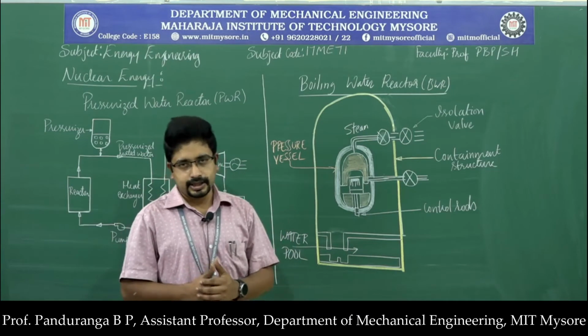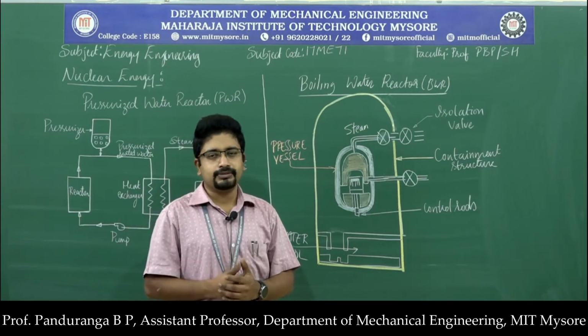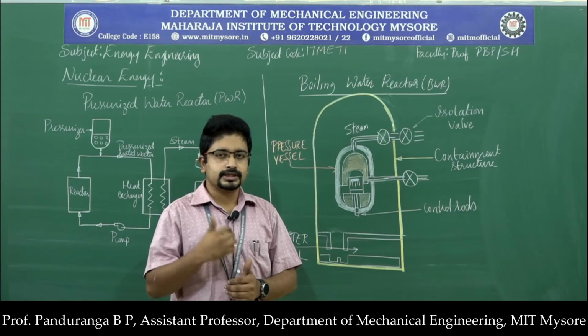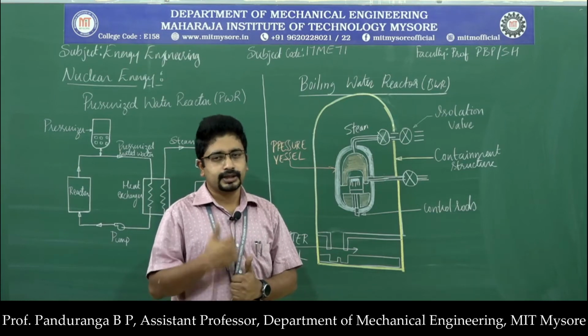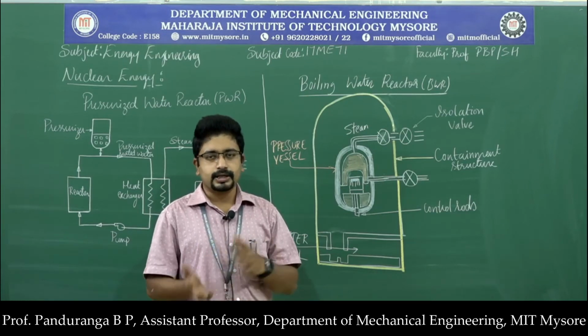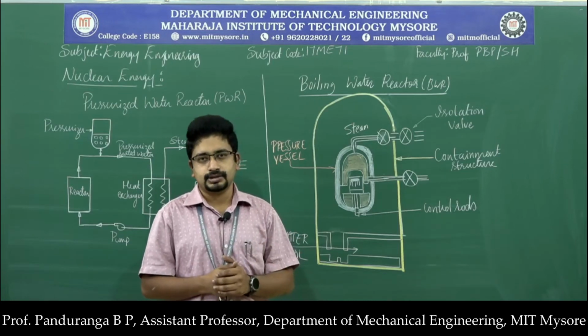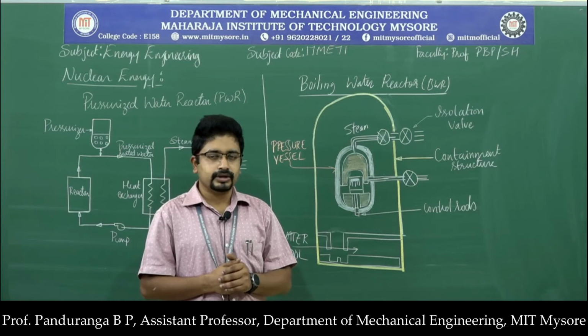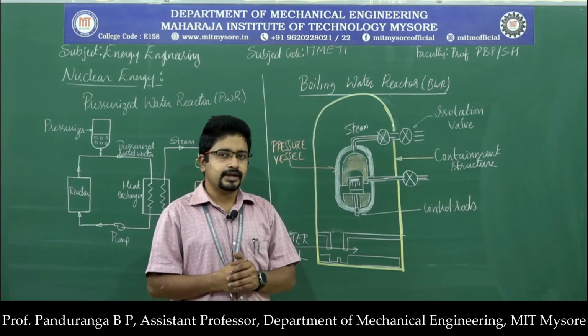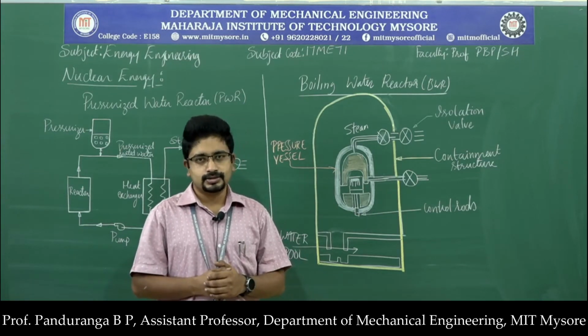It will be difficult if there is any malfunction in the turbine or the condenser. So the turbine, condenser, reactor core, everything should be kept inside the containment zone, and if there is any malfunction then repairing that will be a tedious job.